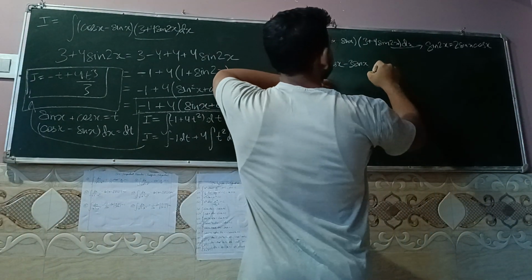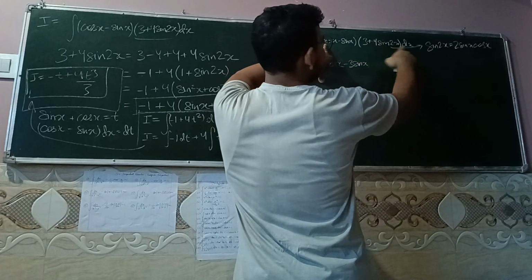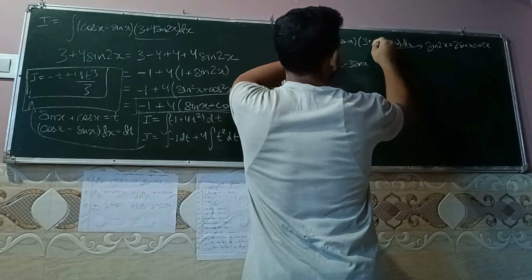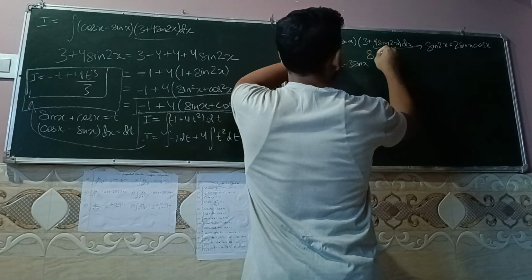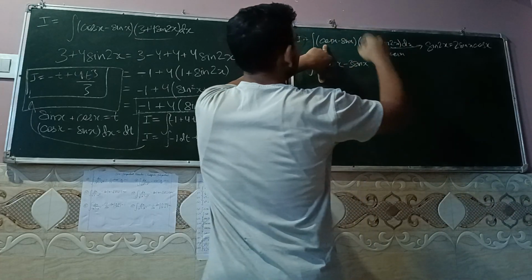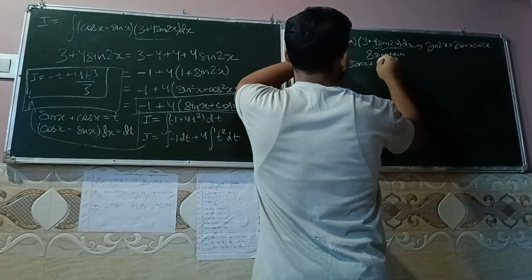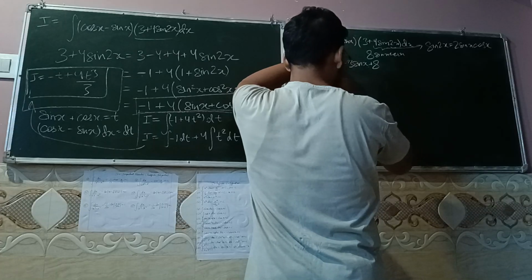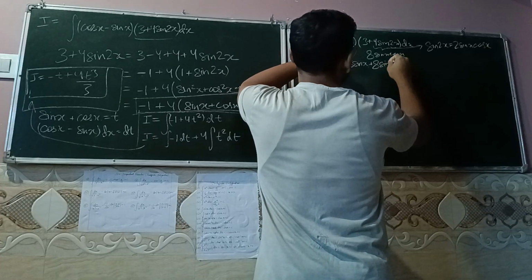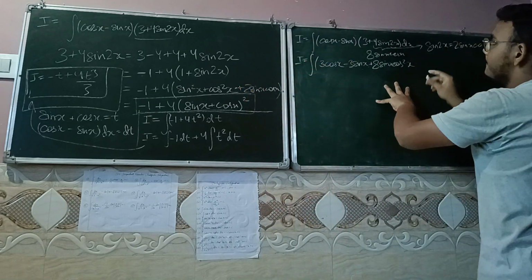So we have 4 times, this comes out to be 8 sin x cosine of x. So 8 times sin x cosine of x times cos x, which is plus 8 sin x cosine squared x, right?